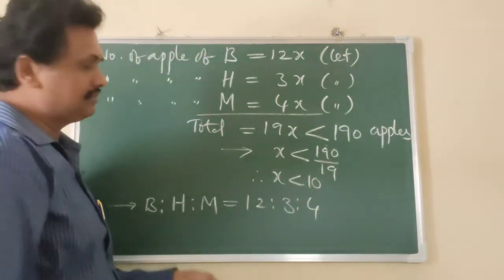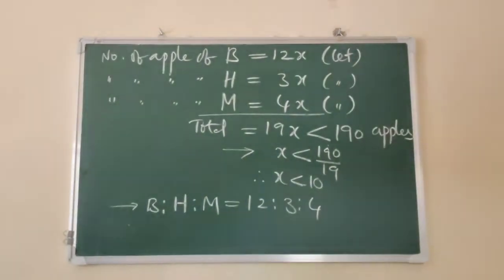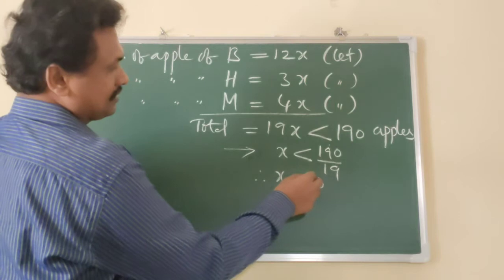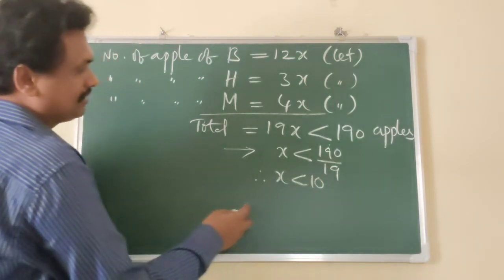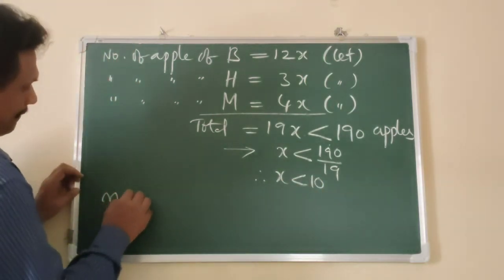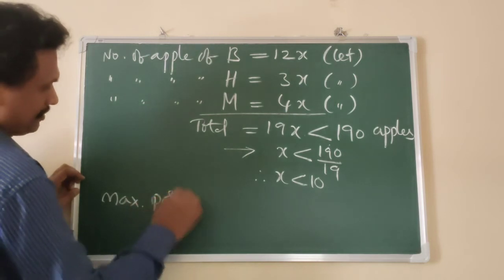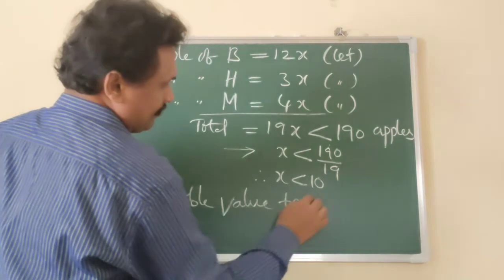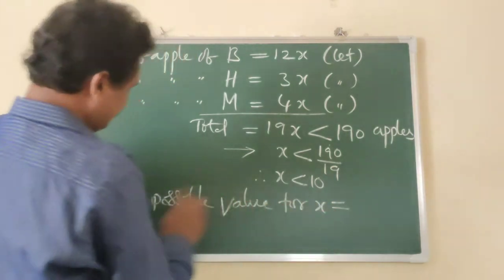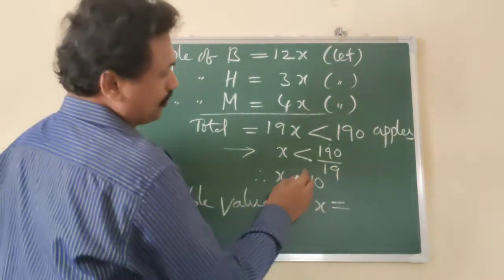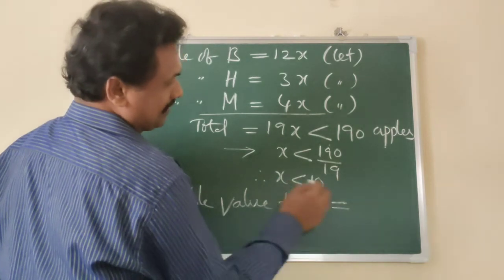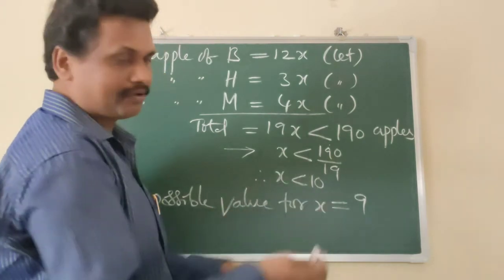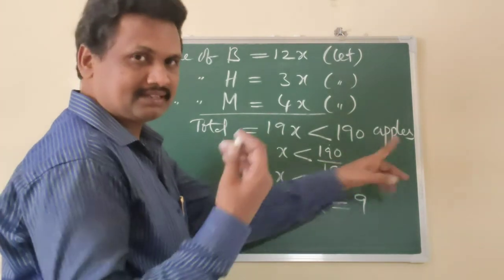Observe students, from this, x less than 10, and we are asked the maximum possible value for x. The maximum possible whole number is 9. Why? Because it must be less than 10, below 10, and a whole number, because the number of apples is a whole number.